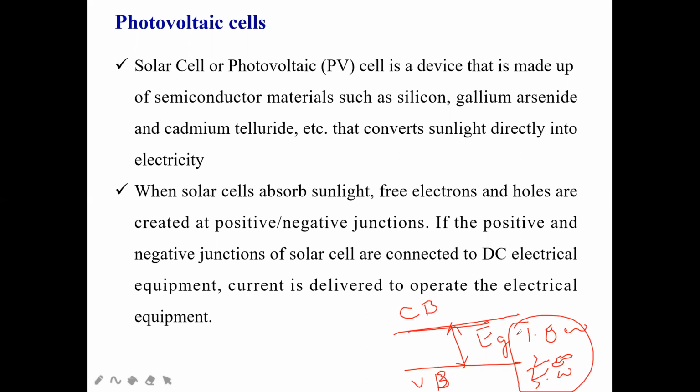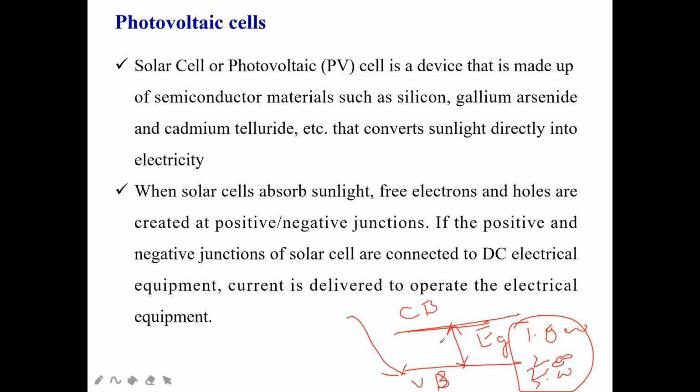Now, what actually is happening when the sunlight is falling on the semiconductors? Sunlight is a packet of energy, called photons. So what is actually happening?